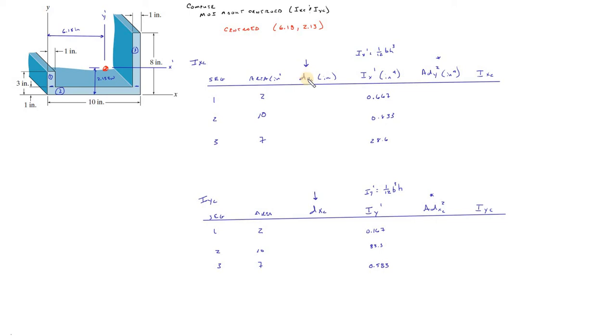We're finding the distance in the y. Now we're going about the centroid. So if I'm looking at this spot right here in segment 1, and I draw a line here, this is the distance that I'm looking for.